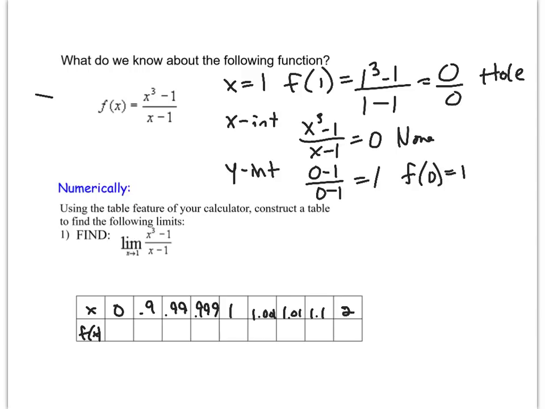So that's giving me 0.999 and 1.001. Go 1/100th, so get 0.99 on the left and 1.01 on the right, and go 1/10th away from the center number of 1 and get 0.9 and 1.1. Now, please enter the values that you see on your calculator in the table.